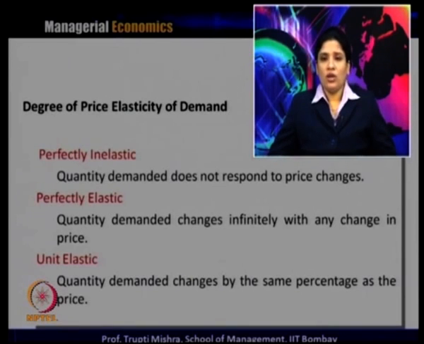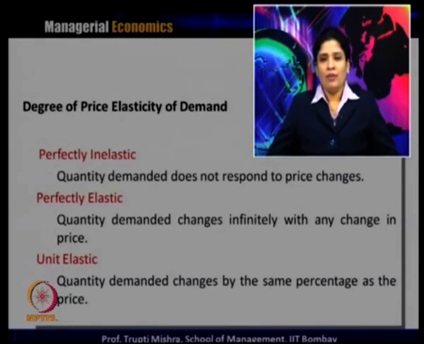The fifth degree of price elasticity of demand is the unit elastic. And what is unit elastic? Quantity demanded changes by the same percentage as the price. When it is a case of unit elasticity, maybe it is very difficult to get an example for this in real life, because in this case if there is a 2% increase in the price, that always leads to a 2% decrease in the quantity demanded.